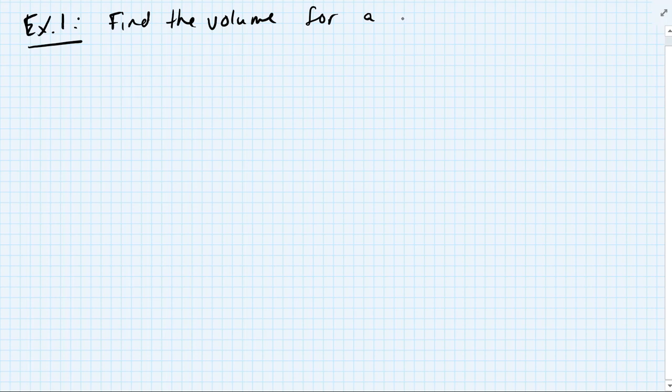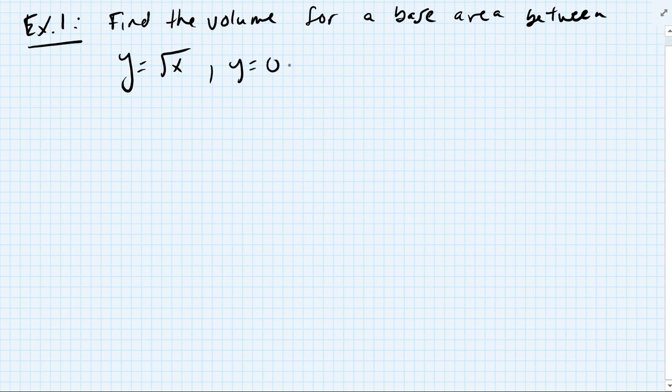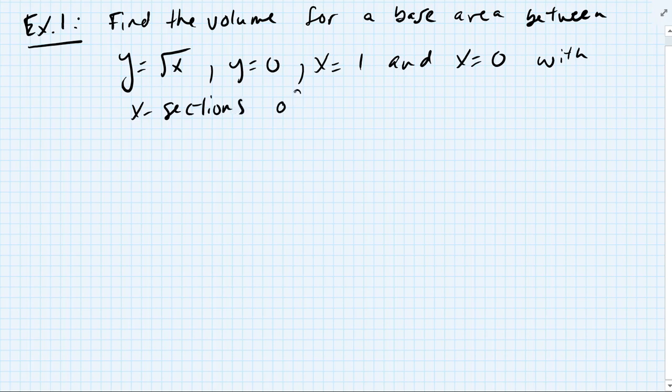Find the volume for a base area between y equals square root of x, y equals 0, x equals 1, and x equals 0, with cross sections of squares perpendicular, and that's going to matter, to the x-axis.